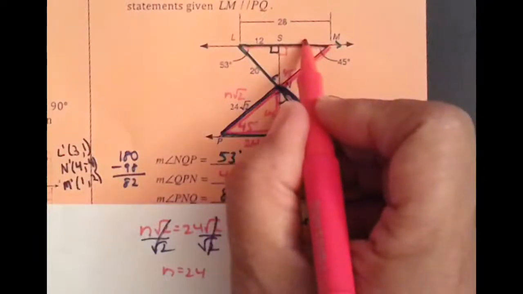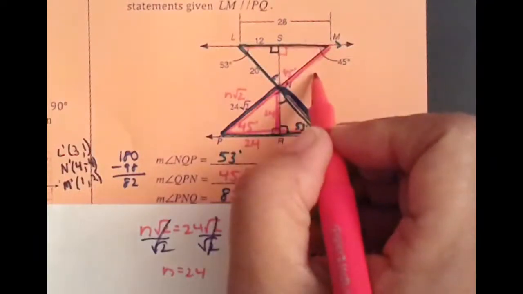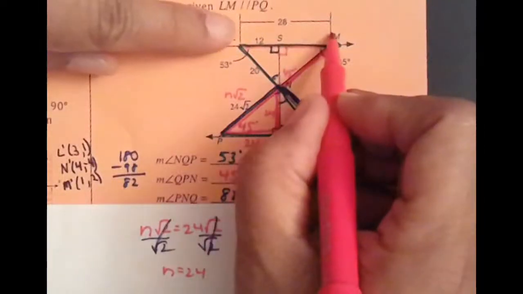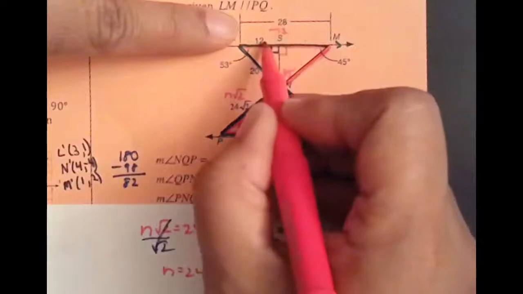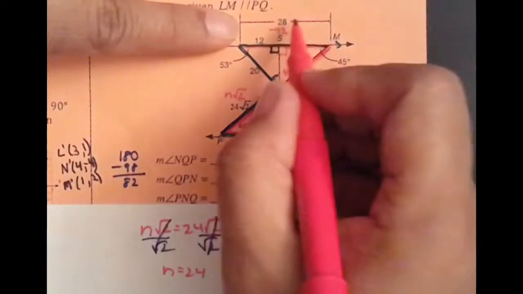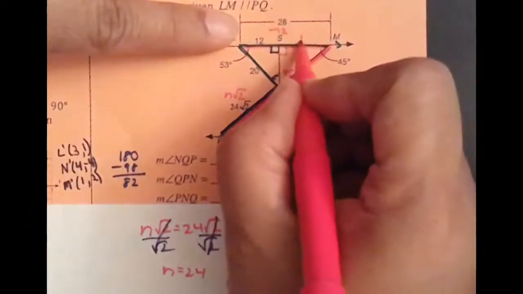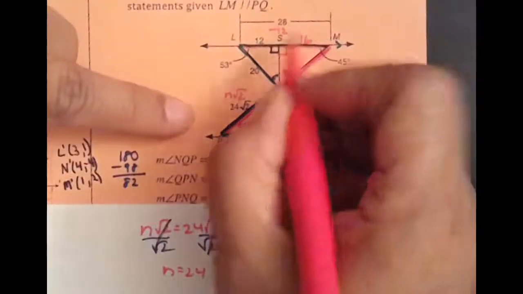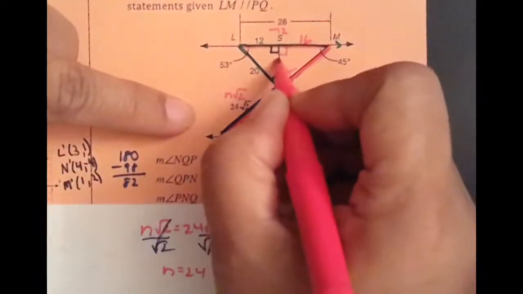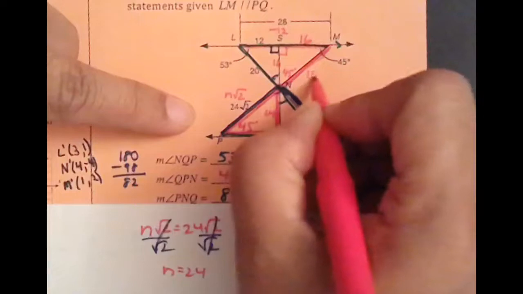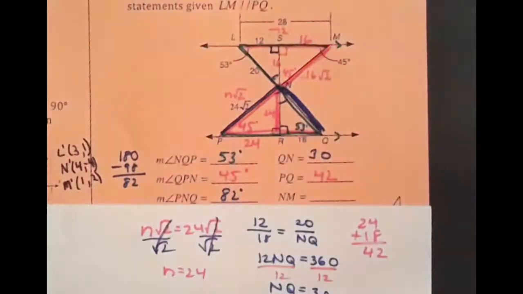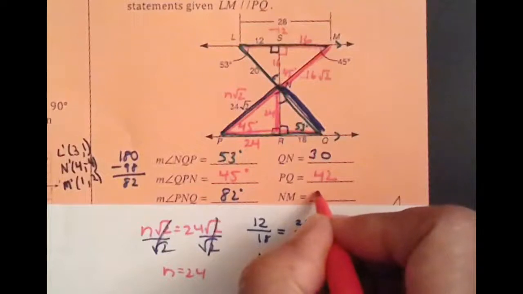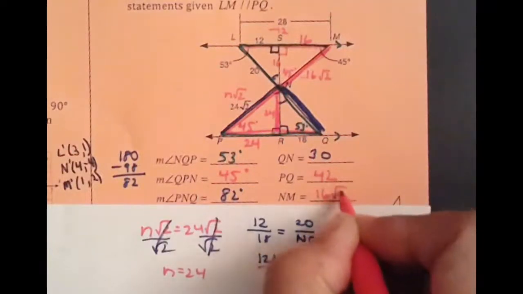Now, if I know this side, I can just multiply that by root 2. Well, I happen to know this whole thing is 28. So let's subtract 12 from 28 to find this length. So 28 minus 12 gets you a total of 16. So this would be 16 n, and then 16 root 2. So n root 2. And that would be the length of N M.